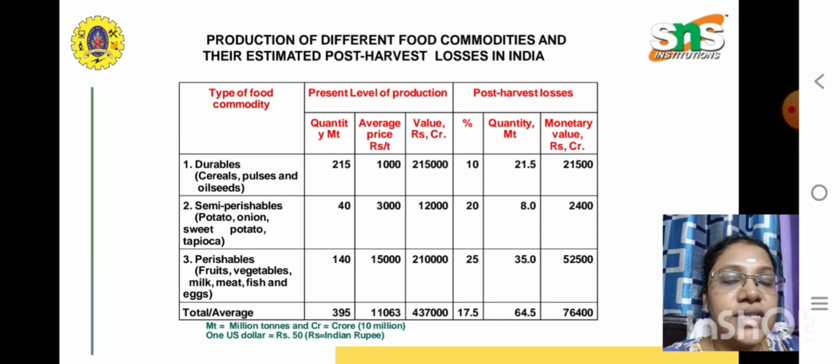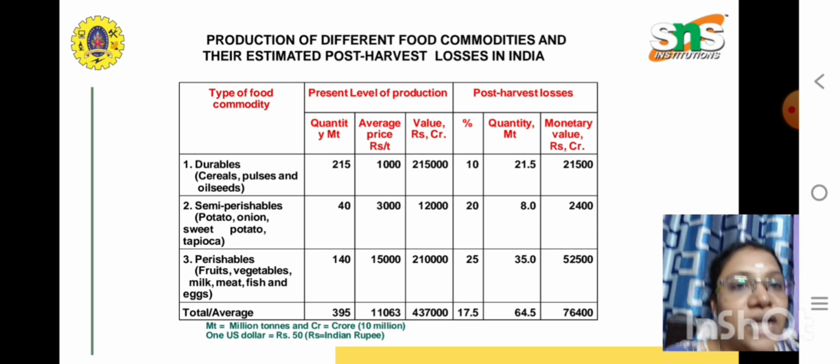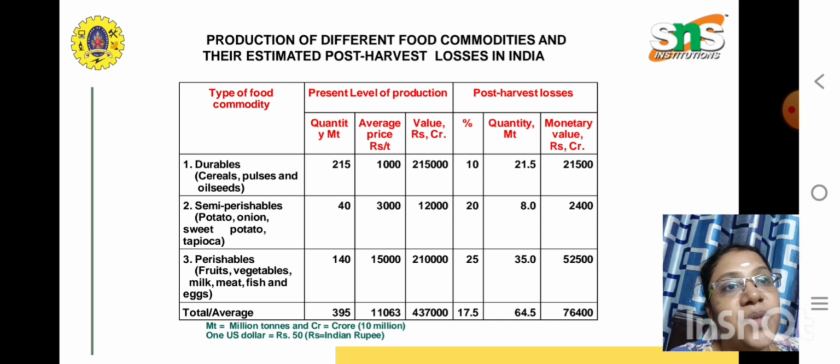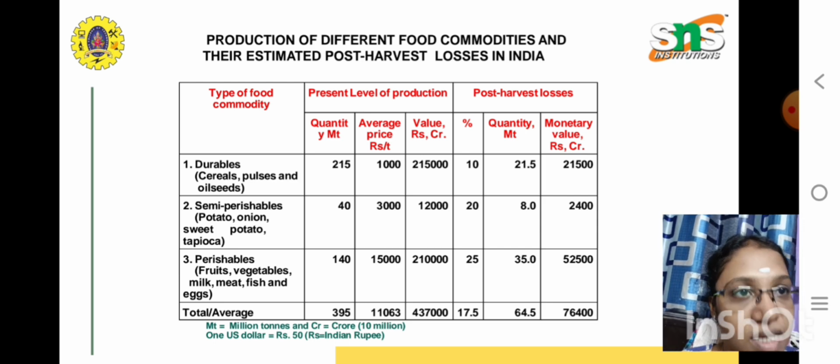So these come under the food commodity durables. So at the present level of production, that is how much quantity is being produced, and the average price per ton, and what is the value in crore we have given, and how much percentage of losses is occurring, that is also given in quantity per metric ton.